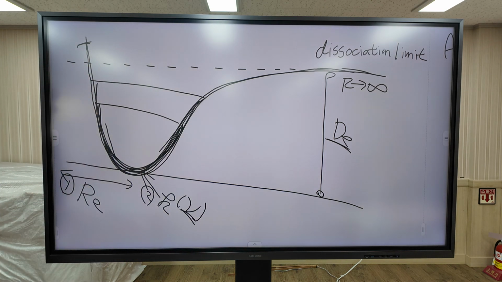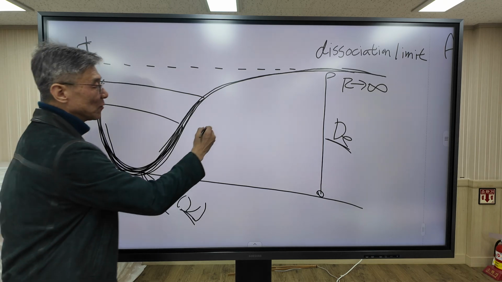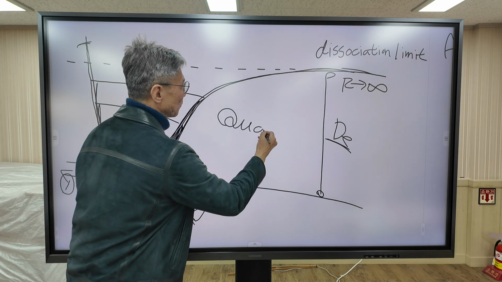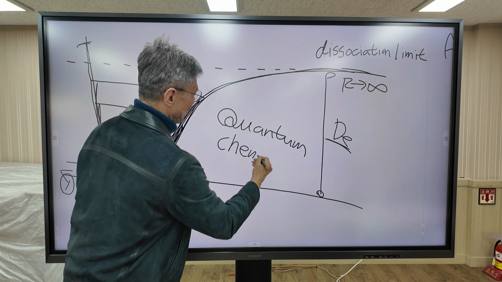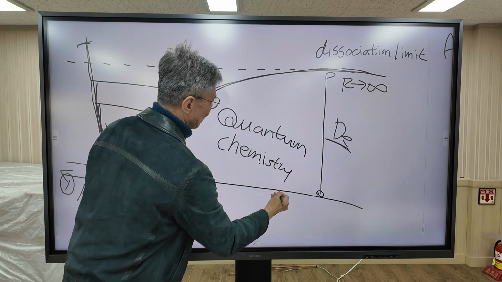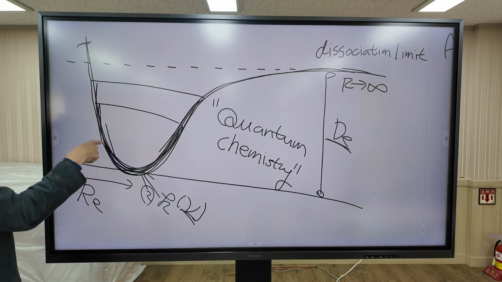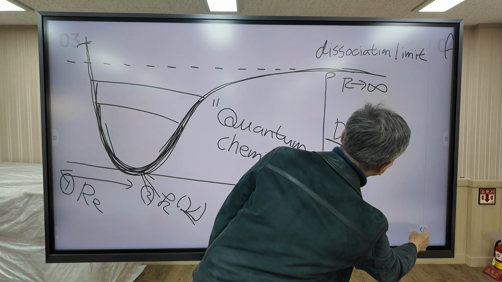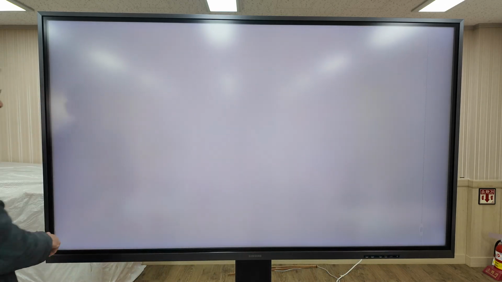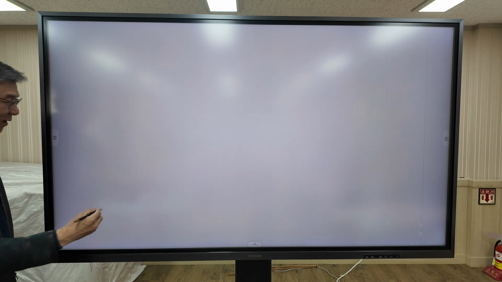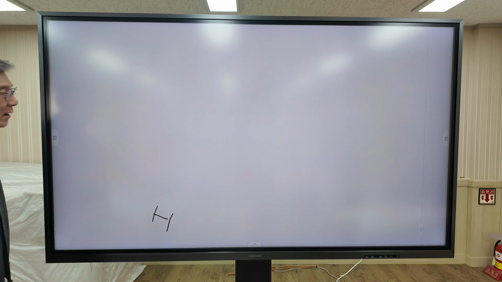Now, I'm going to explain this potential energy curve from the standpoint of quantum chemistry. How does quantum chemistry view this potential energy curve? As you may have learned, take the example of the hydrogen atom.